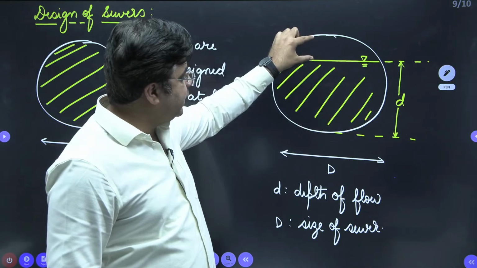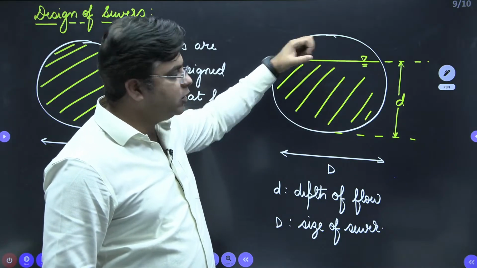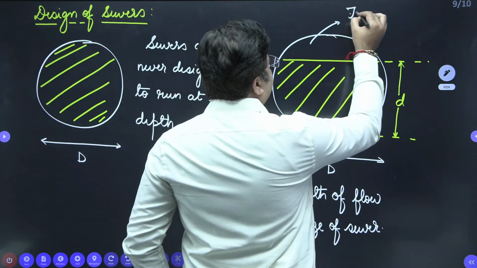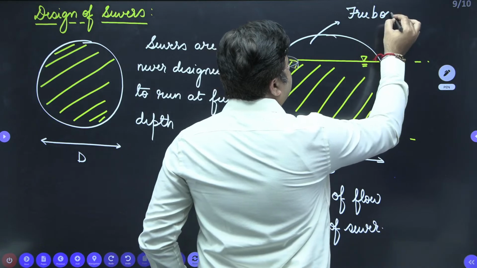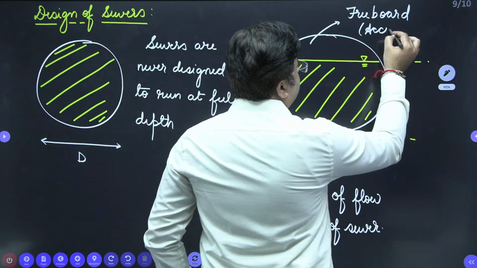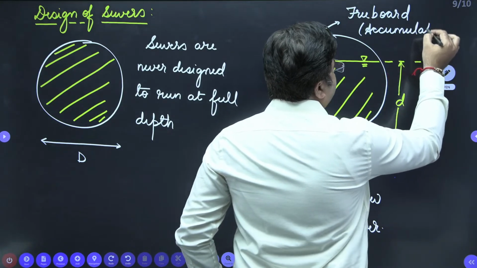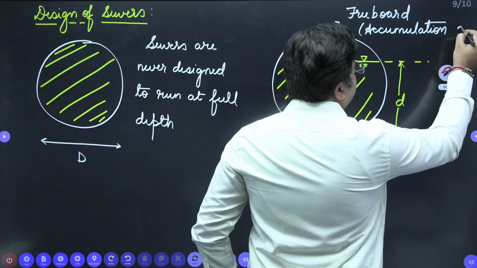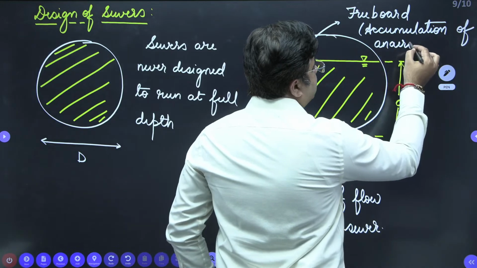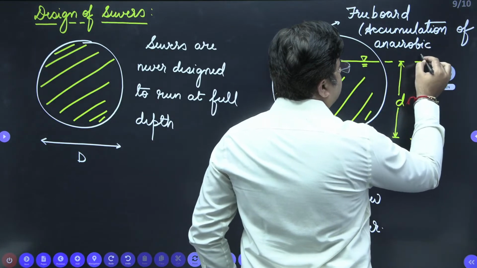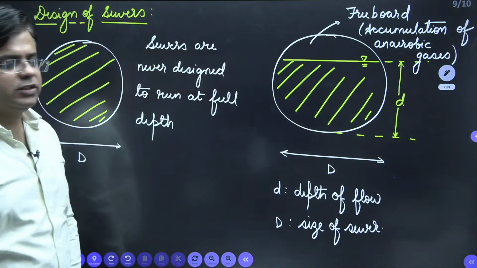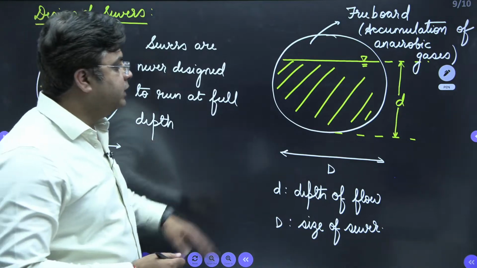This space is left for the accumulation of anaerobic gases, and this space is termed freeboard.